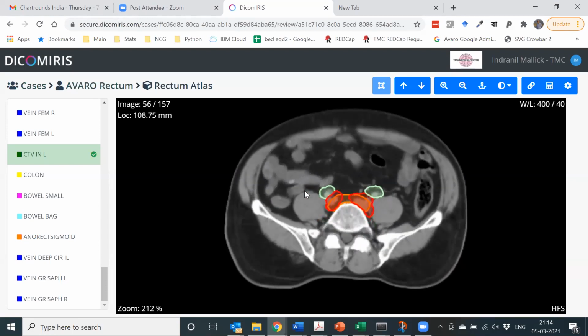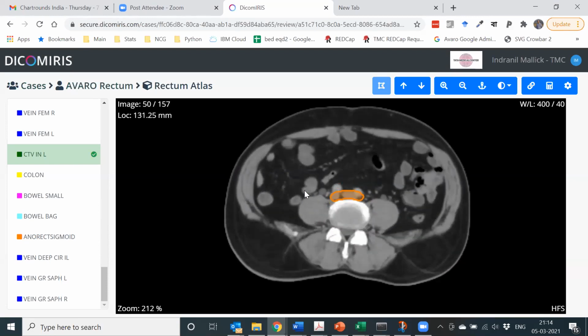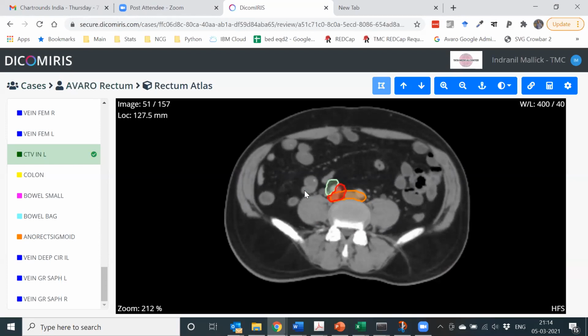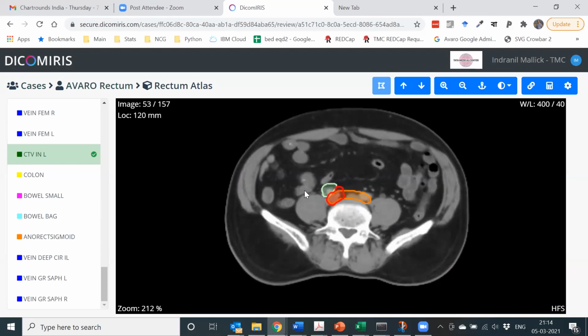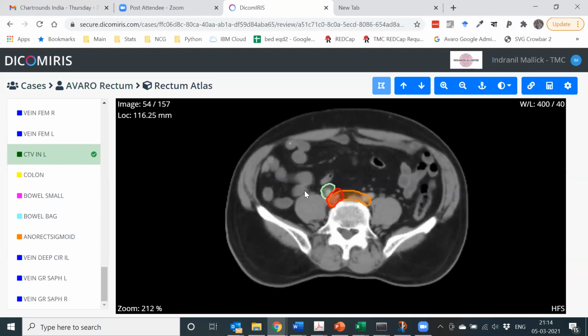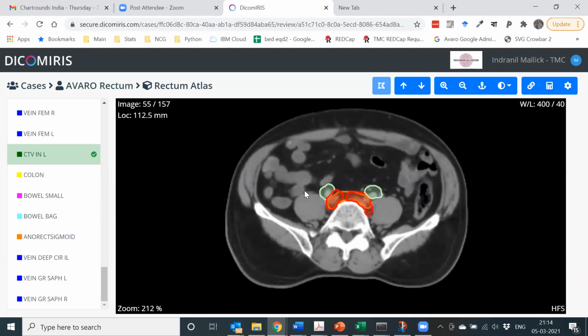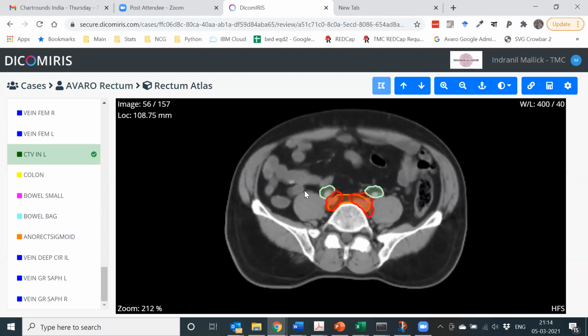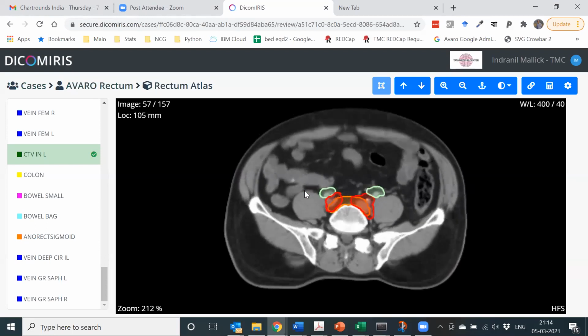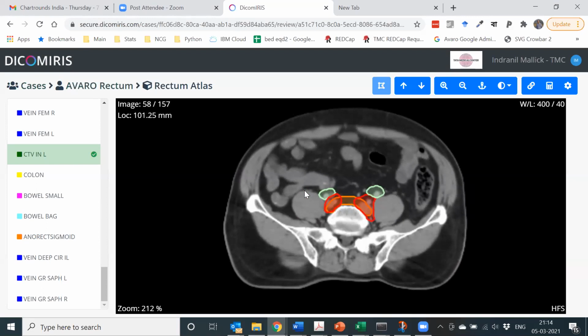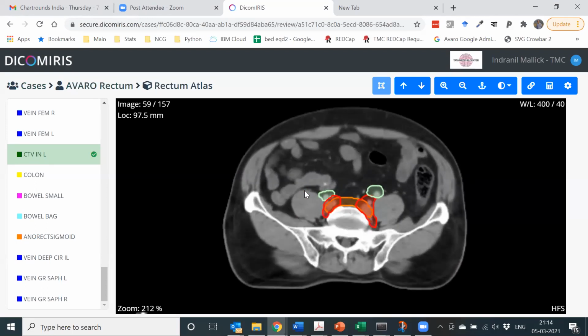So this is how it starts at the top. So the nodal levels start where the common iliac vessels bifurcate. There is a presacral region in orange, and there are the lymph nodal regions, the external iliac region and the lateral lymph nodes, which are in red and cyan colors.